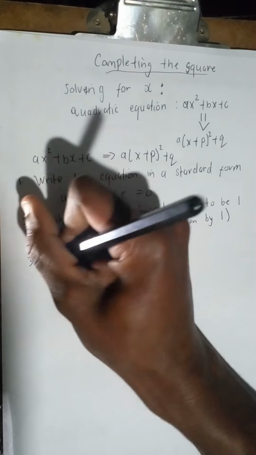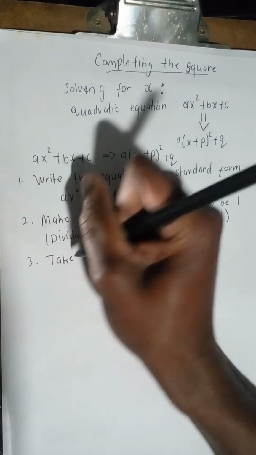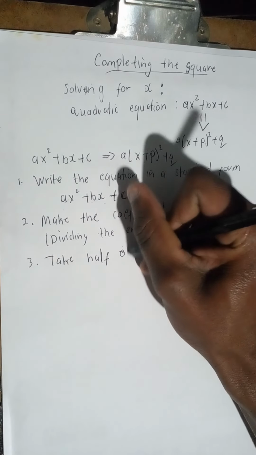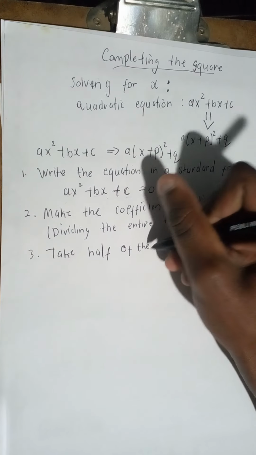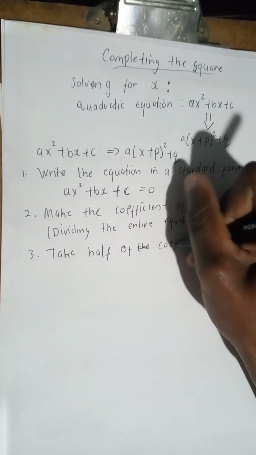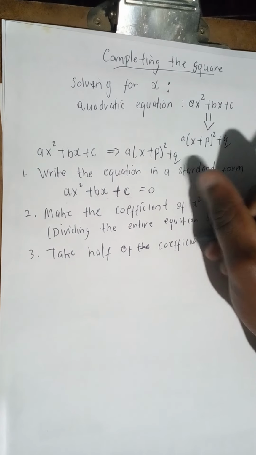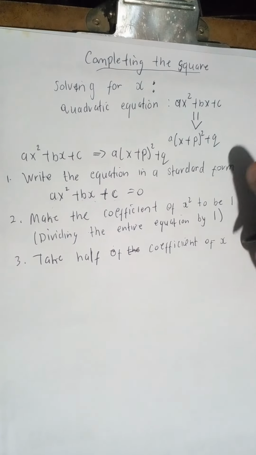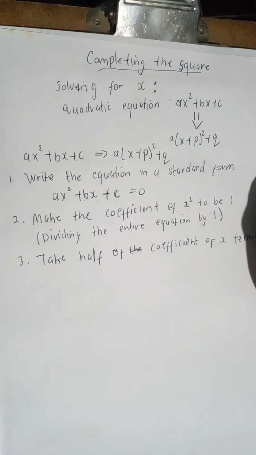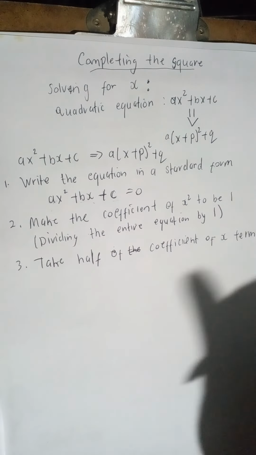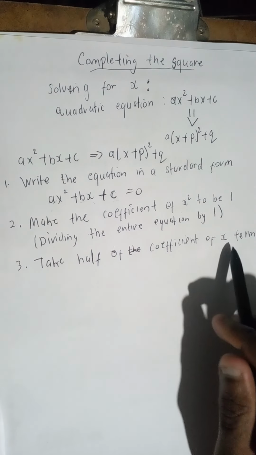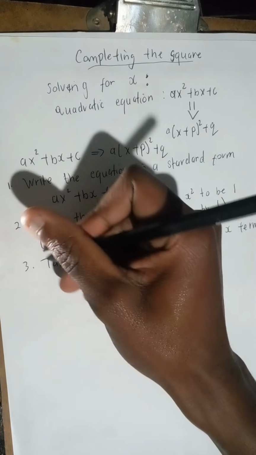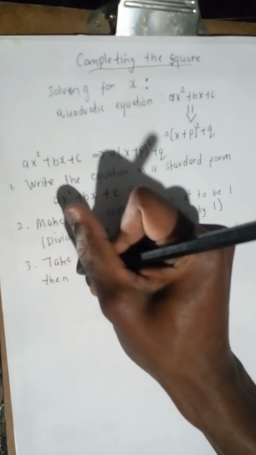And then the third step says that you take half of the coefficient of x. You multiply the coefficient of x by half, and then after multiplying by half, you square it.